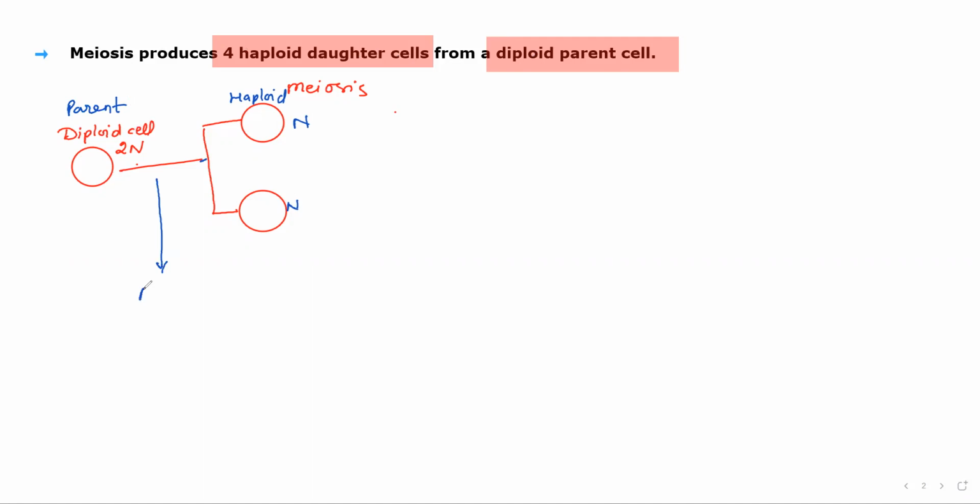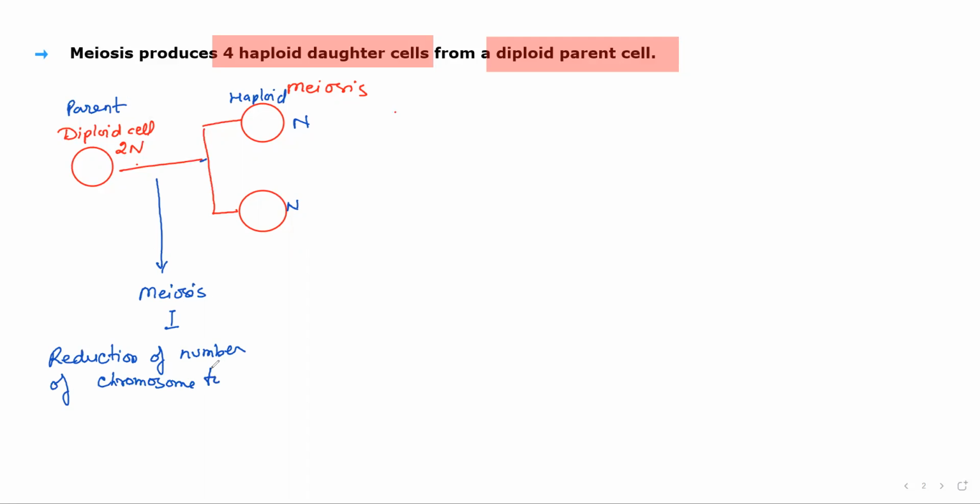After the first meiotic division, meiosis 1, 2 haploid daughter cells are formed. So this meiosis 1 is also called reduction division, as the number of chromosomes is reduced.